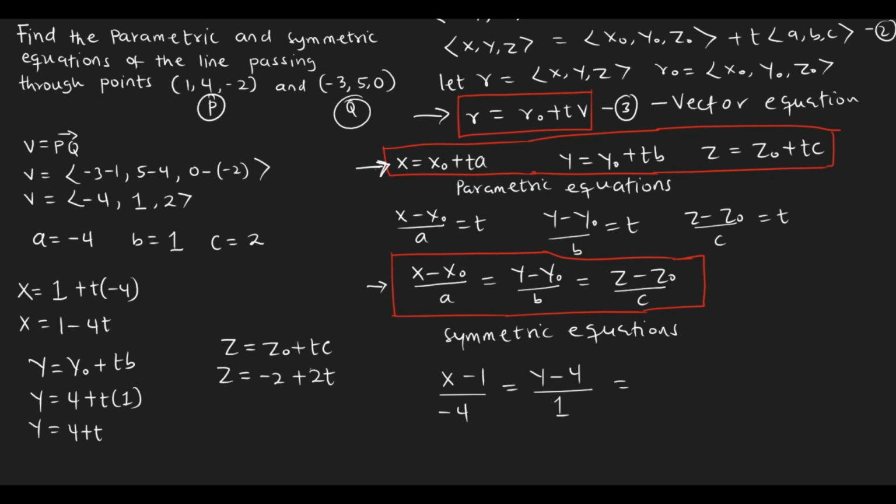This should be equal to (z - z naught). We know z naught to be -2, so that is (z - (-2)) divided by c, which is 2. Because of the double minus sign there, you are going to have a plus sign, so that will be (z + 2) divided by 2.